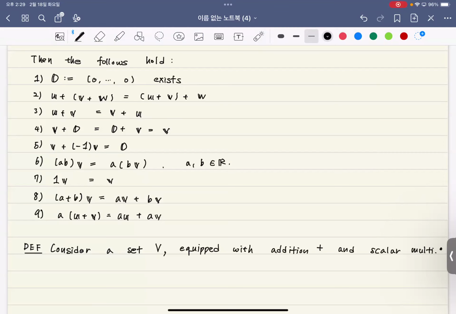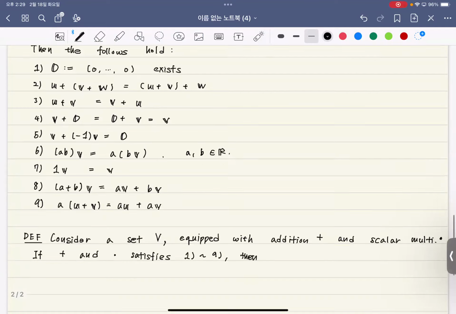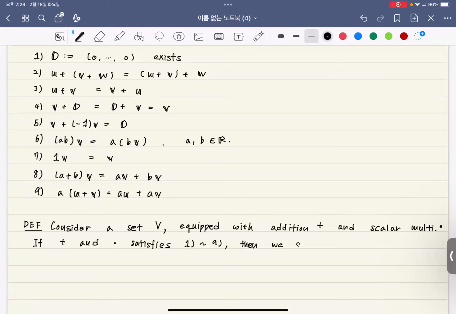If addition of two elements in V and scalar multiplication satisfy all these properties from 1 to 9, then we say V is a vector space over real numbers.